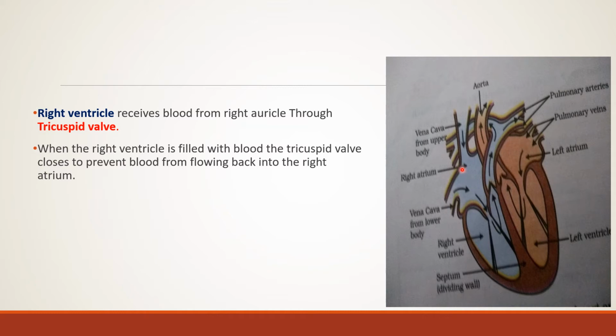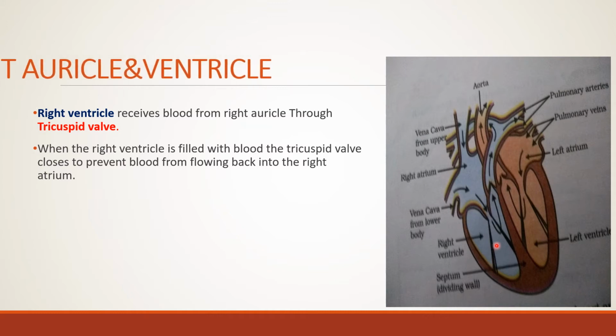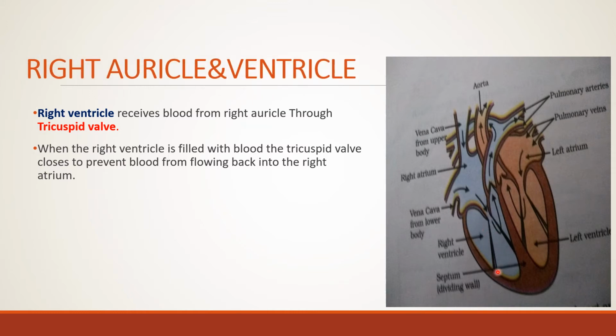When the right atrium is filled with deoxygenated blood, it contracts and the blood is transferred to the right ventricle through the tricuspid valve. Now this right ventricle contracts and the blood enters the pulmonary artery. This pulmonary artery brings the blood to the lungs.